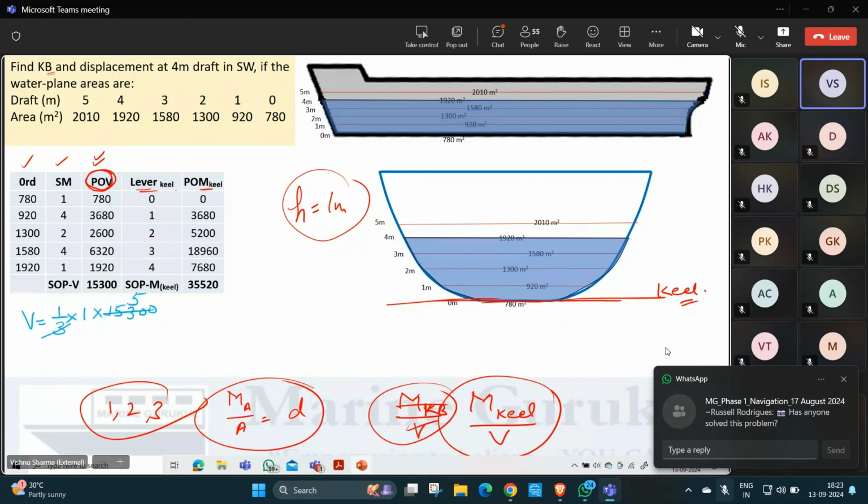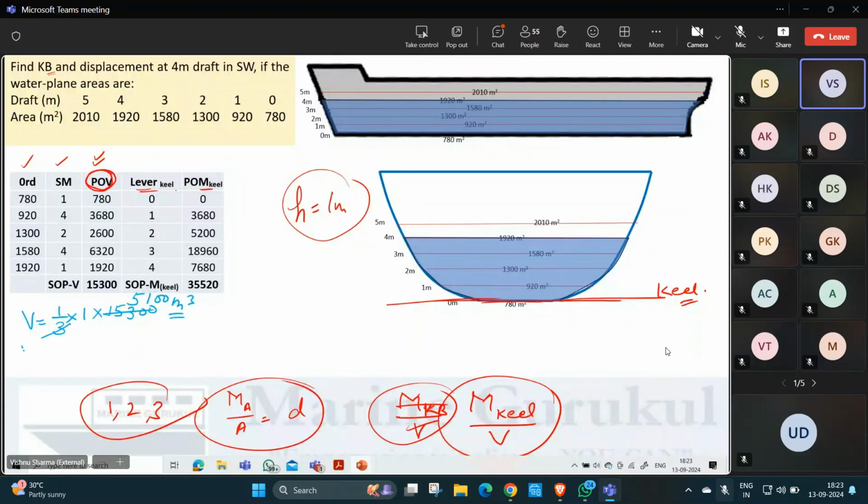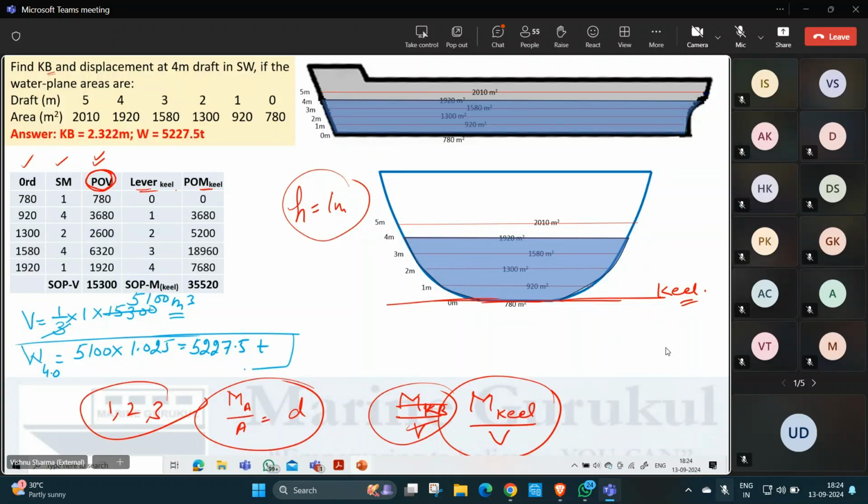This is 5100 cubic meters is the volume. So the displacement at 4 meters draft will be equal to 5100 into 1.025. And now I'm showing the answer I'm picking up from there. It is 5227.5 tons is the displacement answer.